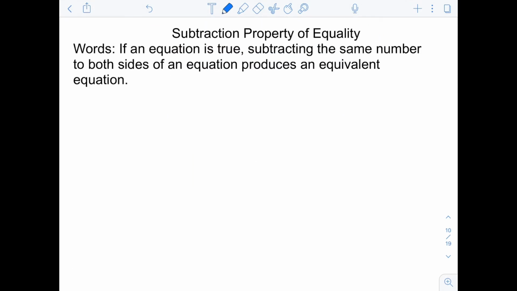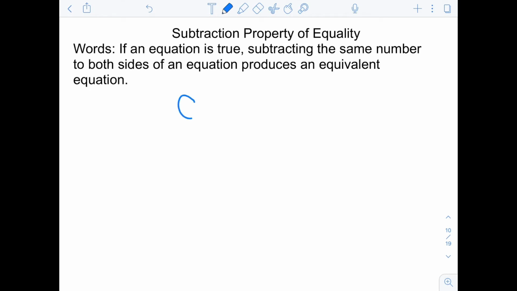Now here's another property that can help you. It's called the subtraction property of equality, which is similar to the addition property of equality, except you're subtracting. If an equation is true, subtracting the same number from both sides of an equation produces an equivalent equation.